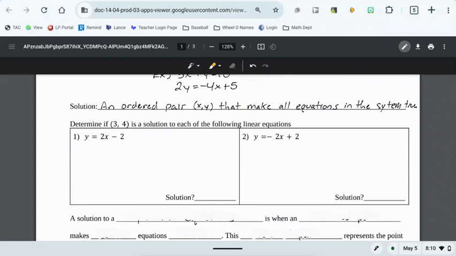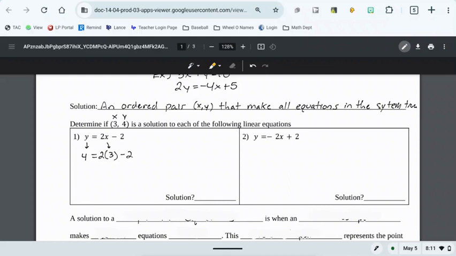Let's look at the example where it makes one equation true. Determine if (3, 4) is a solution to each of the following linear equations. 3 is our x value and 4 is our y value. We're going to plug those in. So instead of y, we put 4, and 2 next to x means we multiply by 3, because our x value is 3, minus 2.